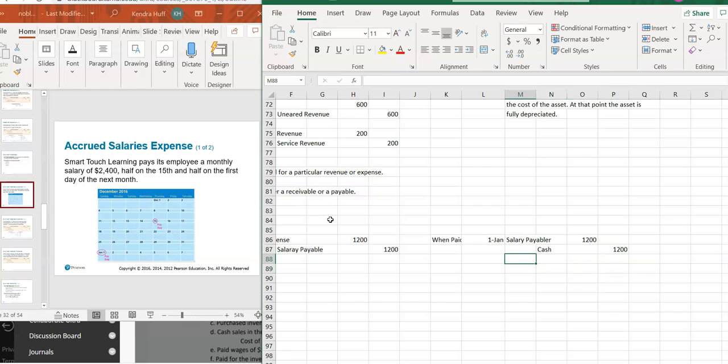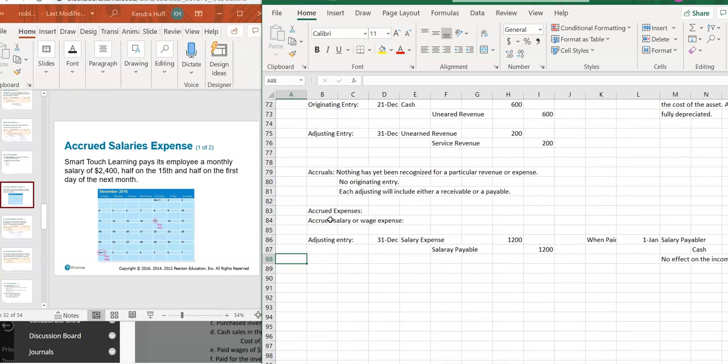And as you can see, there is no effect on the income statement for the current year, because the expense was properly matched to revenue over here in the preceding year.